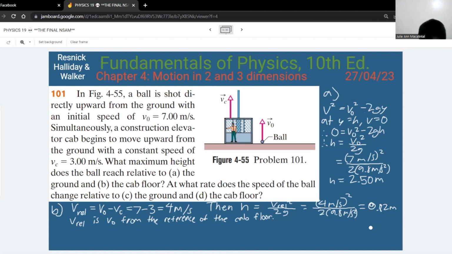So that's the maximum height as measured by the cab, relative to the floor. Okay.